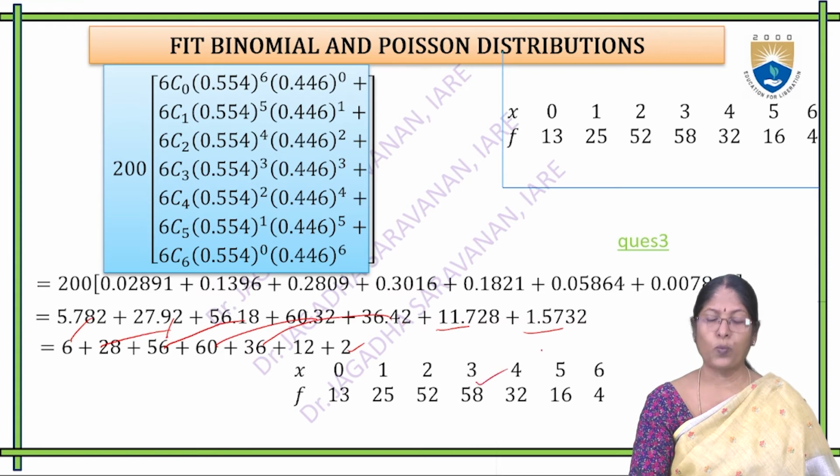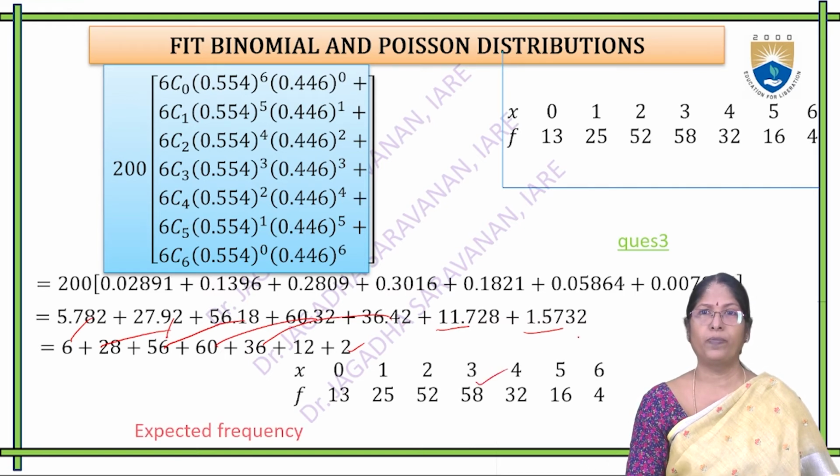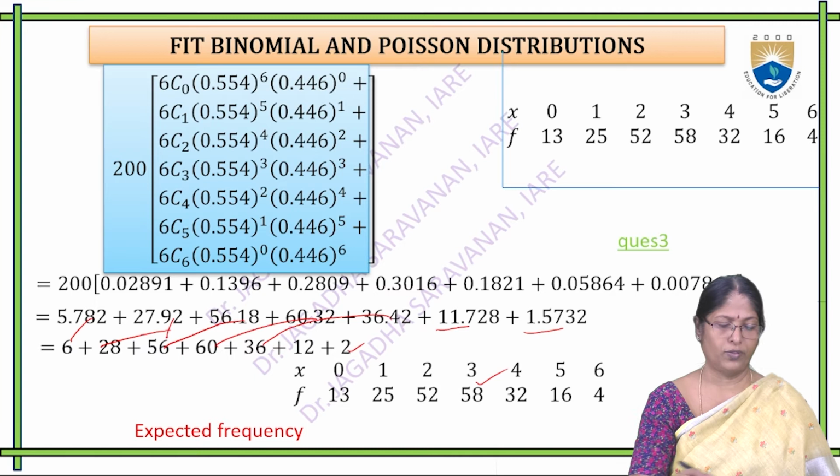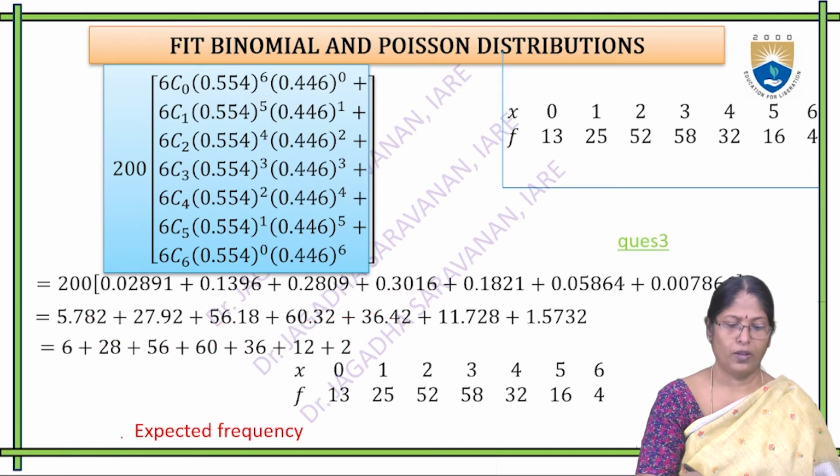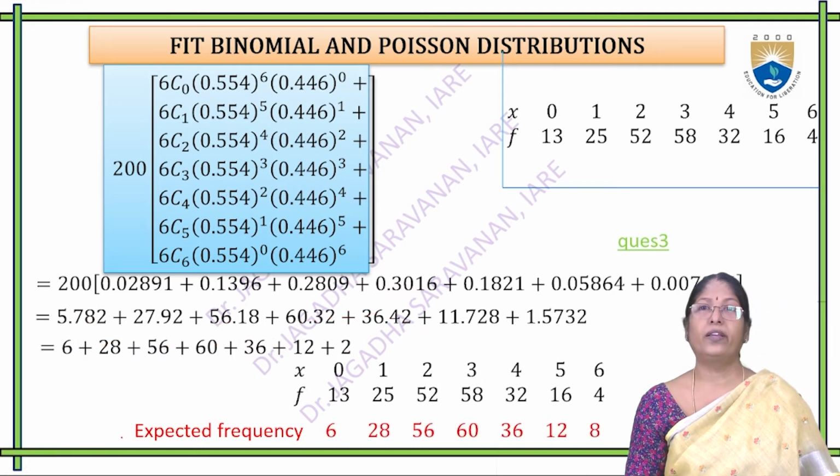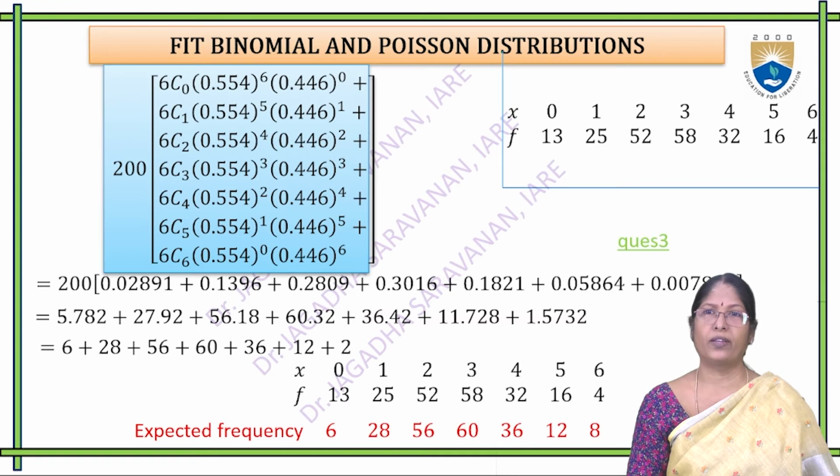So this is the equation given in our problem. So the expected frequencies we obtained are 6, 28, 56, 60, 36, 12 and 2.